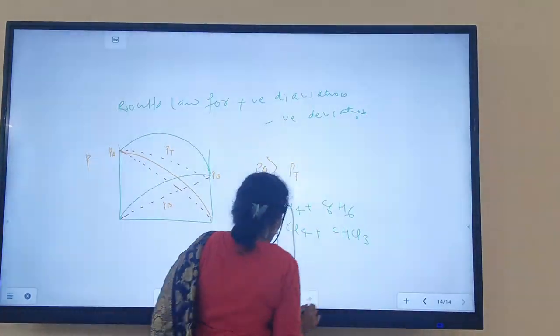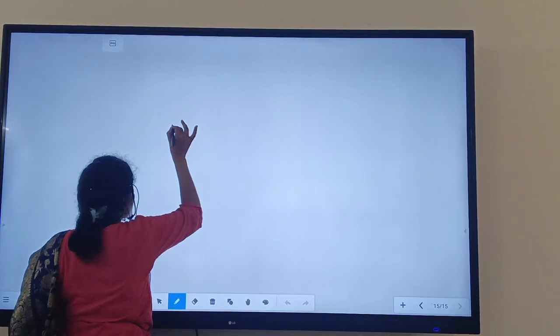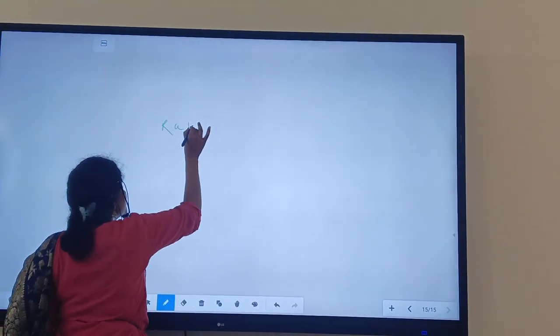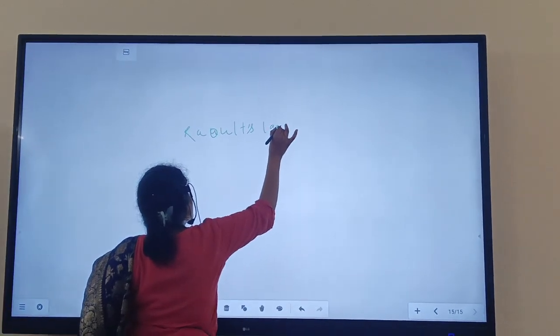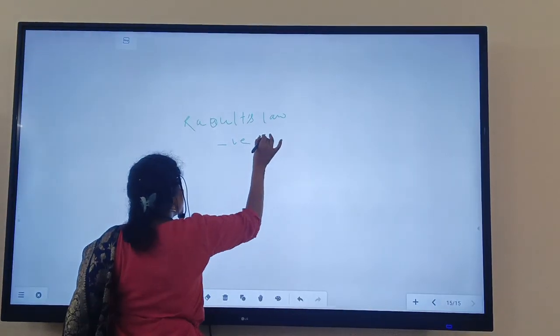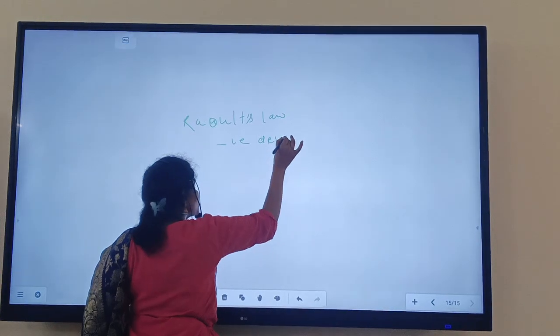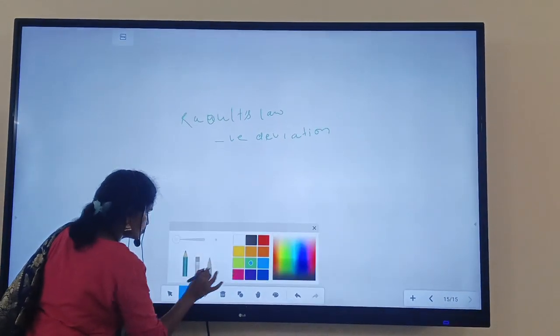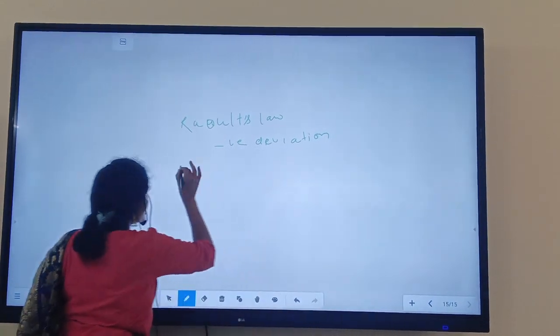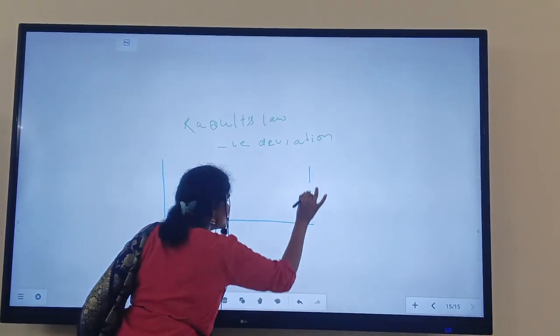Okay, the second graph will be Raoult's law for negative deviation. Okay, draw the graph here.